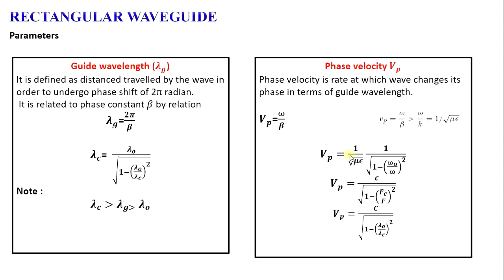Vp is equal to 1 upon under root of mu epsilon into 1 upon under root of 1 minus (omega naught upon omega) whole bracket square, or it can also be given as Vp is equal to c divided by under root of 1 minus (fc by f) whole bracket square. And Vp can also be written in terms of wavelength as c divided by under root of 1 minus (lambda naught upon lambda c) whole bracket square.